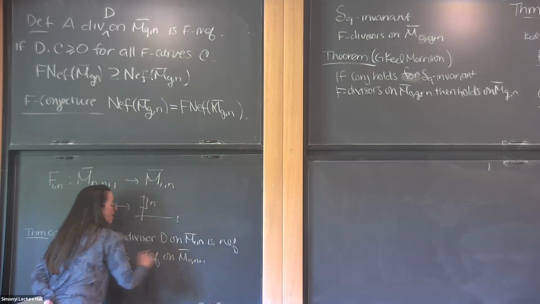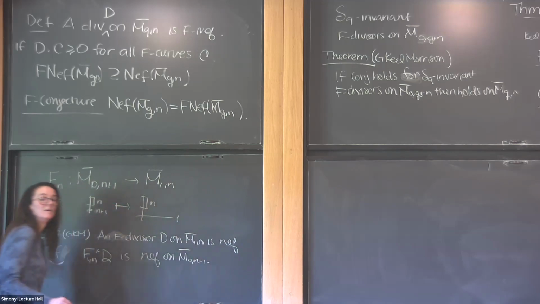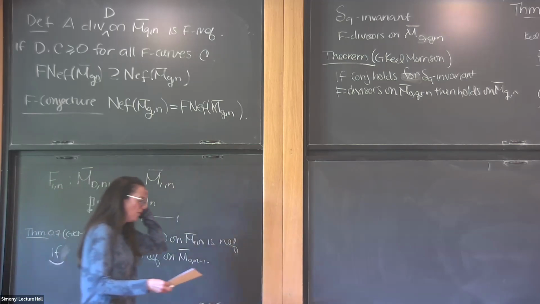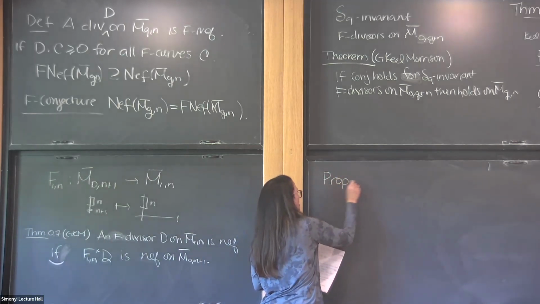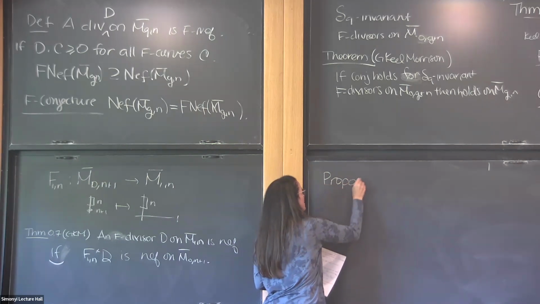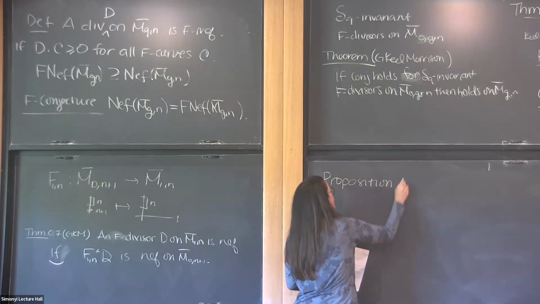The pullback is an F divisor and we want it to be nef. Okay, that's what's going to be used. So here's the proposition. This is not the main reduction. This is used in the reduction. So I'm going to call this proposition star.